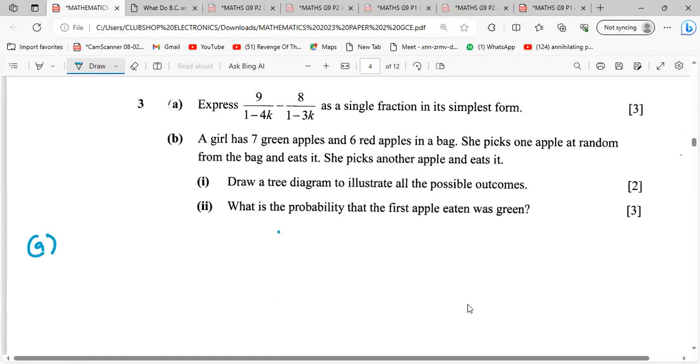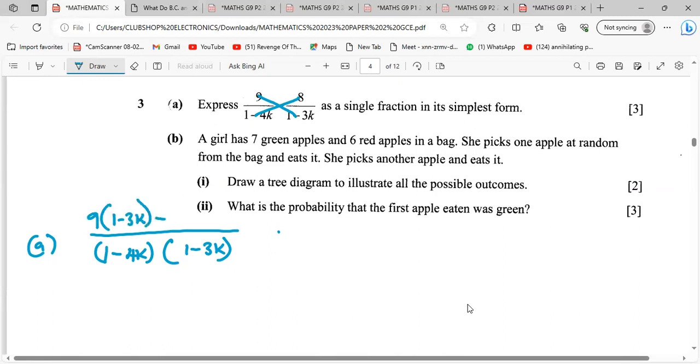So we are going to pick the denominators, 1 minus 4k and 1 minus 3k, and multiply them. So you cross multiply. It will be 9 by 1 minus 3k, minus 8, open bracket, 1 minus 4k.